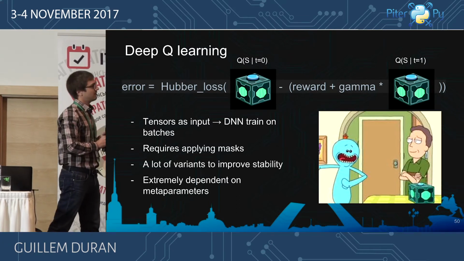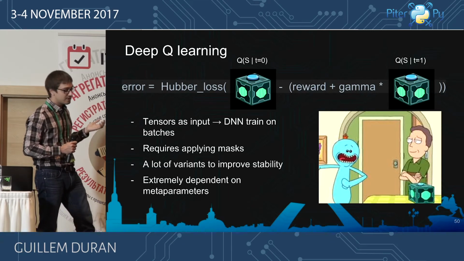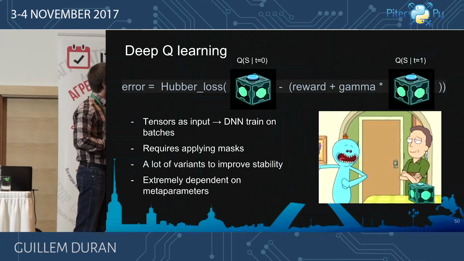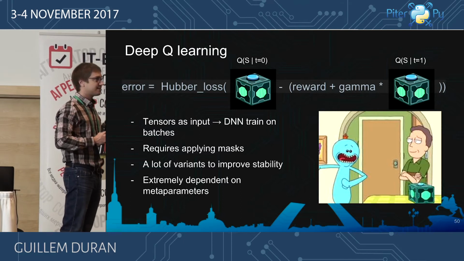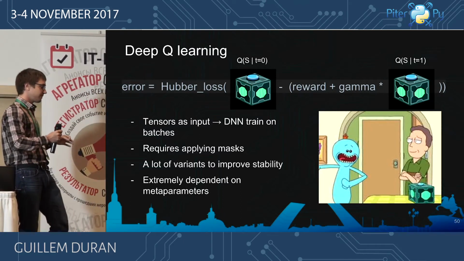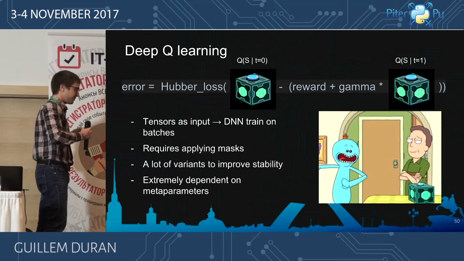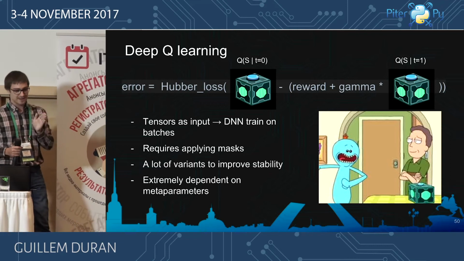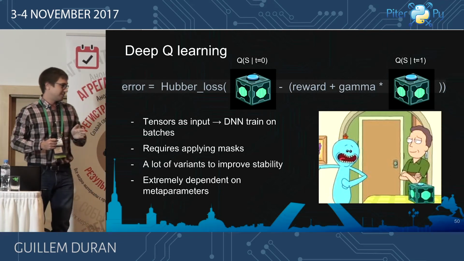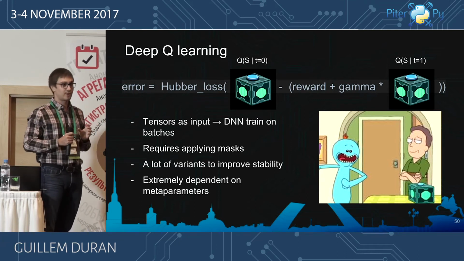But what I want you to take from here, and to remember, is that it's always based on the same principle of propagating the reward backwards. I mean, half of reinforcement learning is just propagating rewards backwards. So as long as you have this really clear in your mind, no matter the weird variant that you find, you will always understand what this is trying to do.